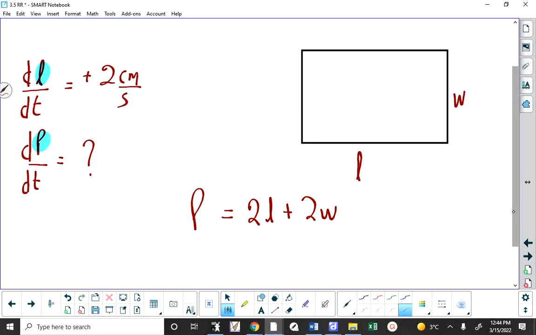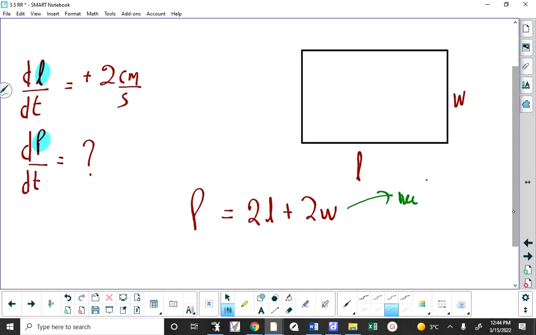Or you could just look at the rectangle and go, length plus width plus width. So the problem here, everybody, is we have a W in this equation, but we don't have a dw/dt in our list. Just like this morning, where we had, I think it was h, we wanted to get rid of. We want to get rid of W.